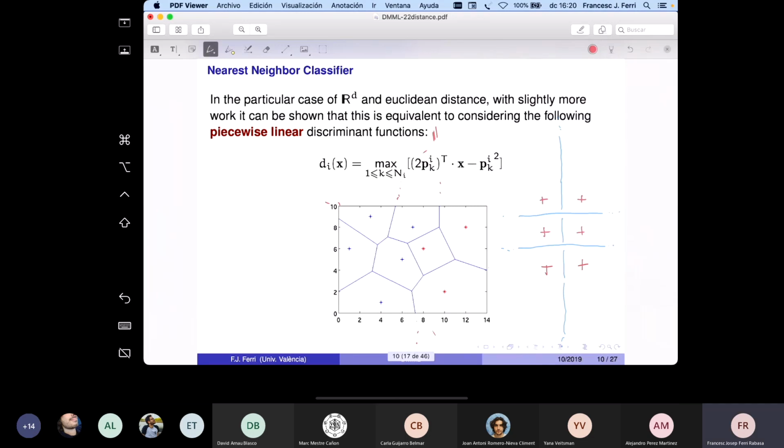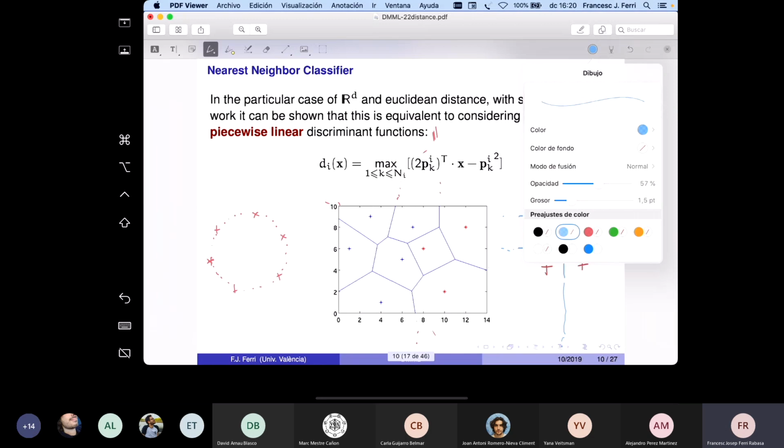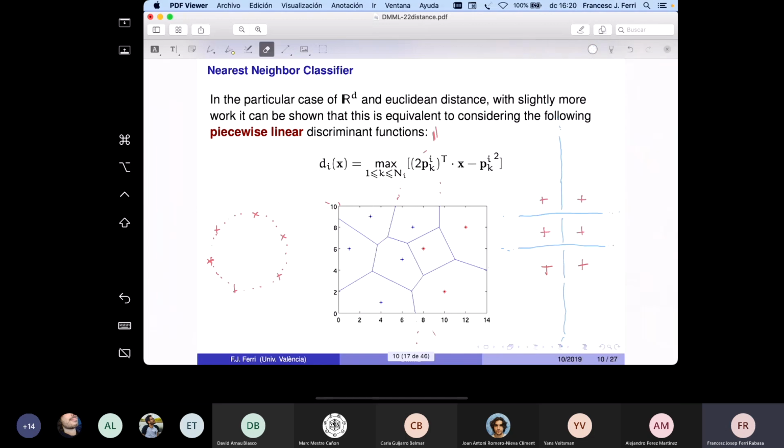What about, imagine that these points are in a circle. What would be the Voronoi diagram?